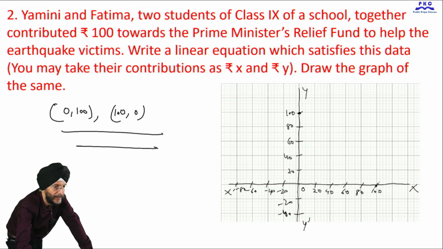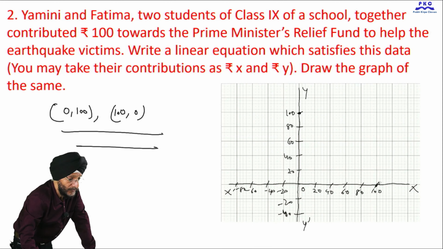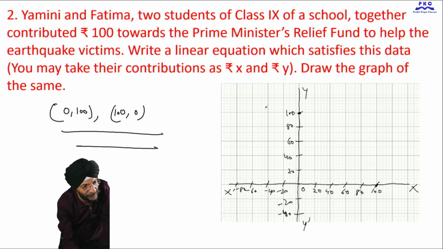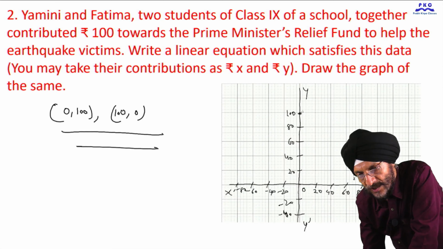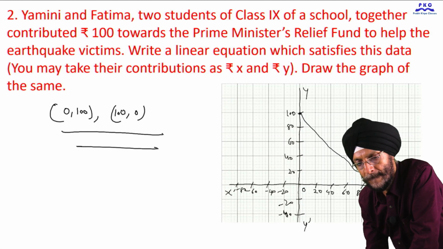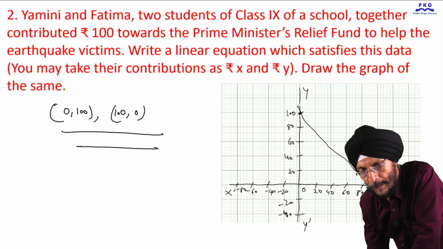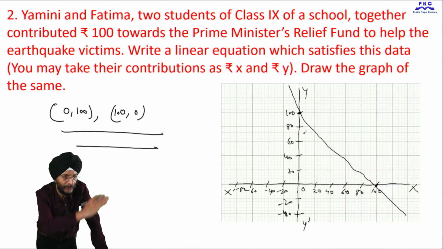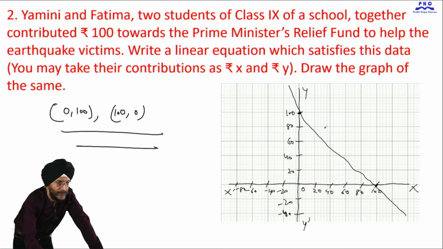So this is the second point. Now we will join both these 2 points. First point and second point, so let us join. I am unable to draw it correctly, but it will be a straight line.